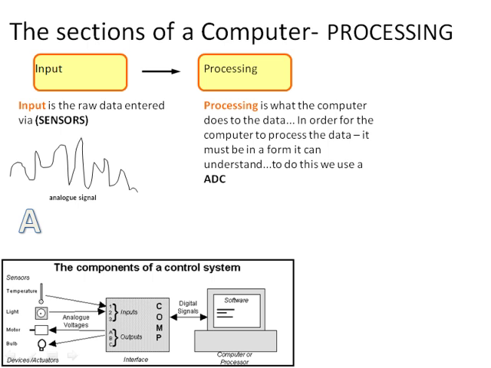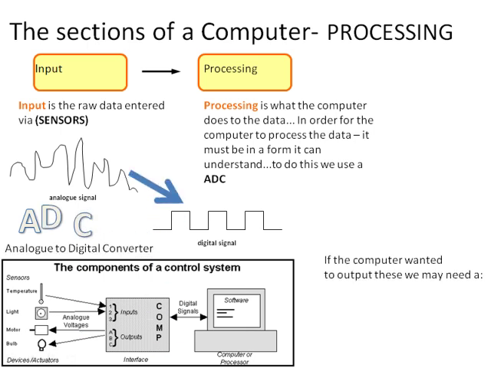These need to be converted into digital signals. So these need to be converted, and what we're left with is an analog to digital converter. If, however, we want the computer system to give out analog signals, what we would have to do is convert the digital signals into analog signals.